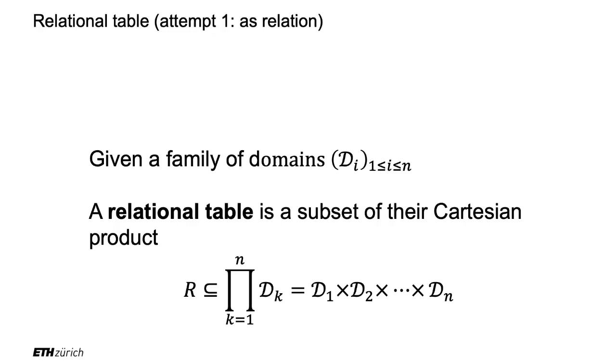So if you use this definition here, you will not have any duplicates because it's a set, right? R is defined as a subset, so that gives you the set semantics. It's a set of tuples. You cannot have duplicates of an entire row. What you can have, however, is that in a column, the same value might appear in multiple tuples. For example, you might have ETH Zurich Switzerland and EPFL Switzerland, right? So Switzerland is going to appear twice.